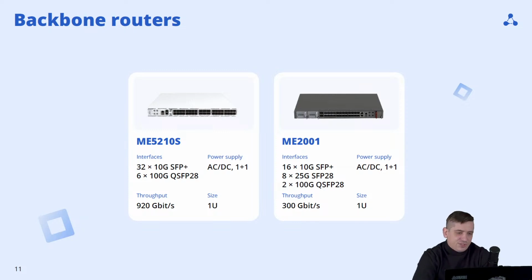The ME5210S device has 32 10 gig SFP interfaces and 6 100 gigabit QSFP28 interfaces. It is also capable of carrying up to 2 hot swappable power supplies on board, and these devices take only 1 unit in rack.